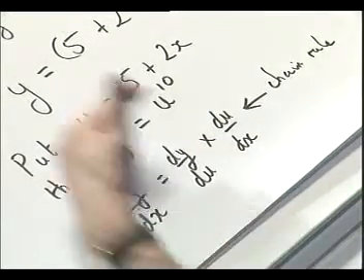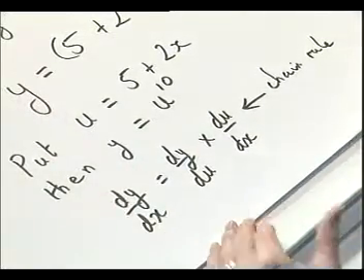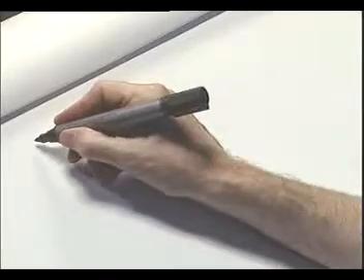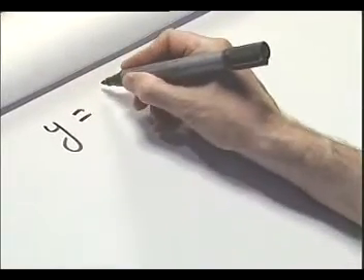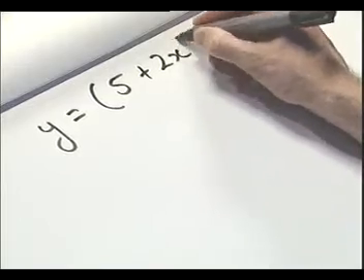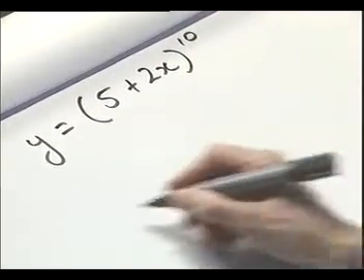So I'm going to turn the page. I'm going to virtually write this out again in order to make sure that I've got the space in which to do it. So we begin with y equals 5 plus 2x to the power 10.